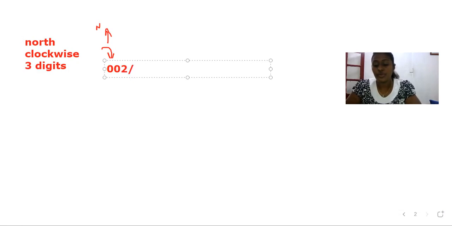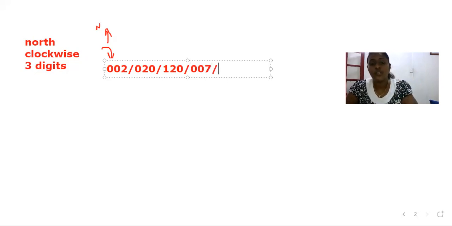If you are asked to draw an angle of 20 degrees, you are writing it in this way, 0, 20. But if it is 120 like that, no matter, already there are 3 digits. So when there is a number with 1 digit or 2 digits only, you want to remember to complete the 3-digit position, put zeros in front. That means, for example, if you are asked to draw 7 degrees, you represent it 007.